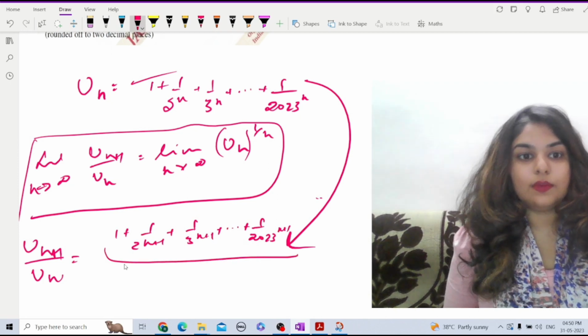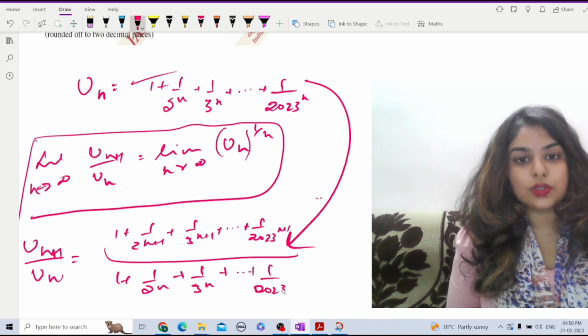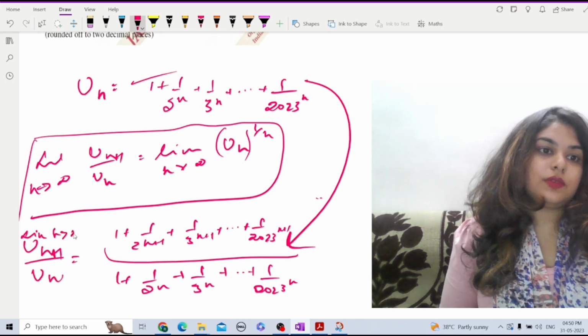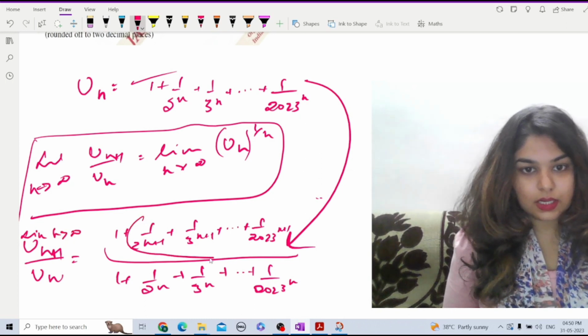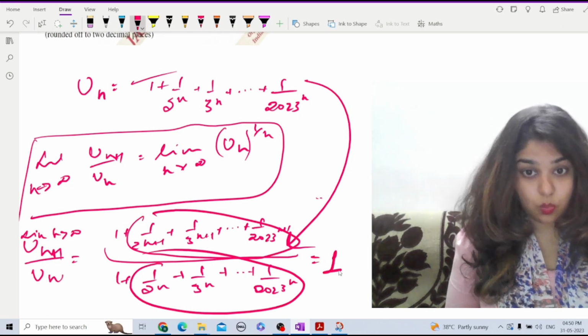Now if we put the limit n tends to infinity, you can understand that these terms are 0, so we have the answer 1.